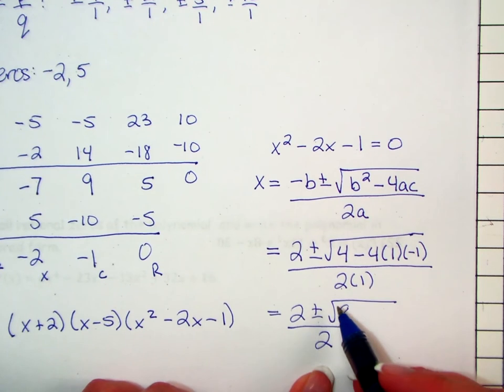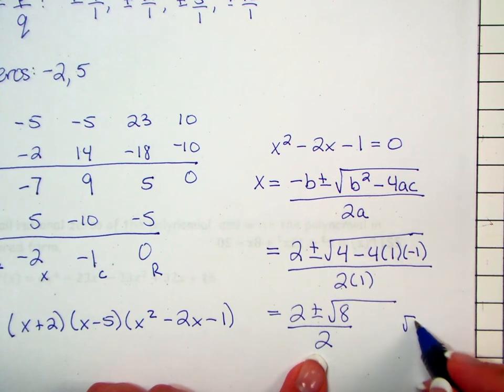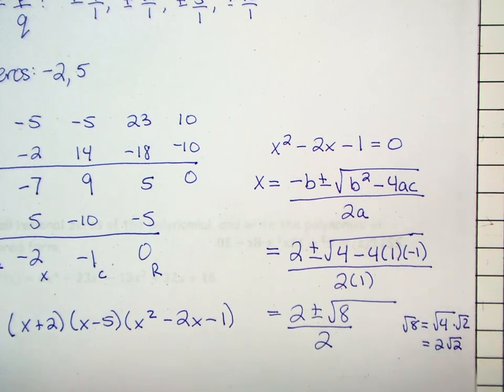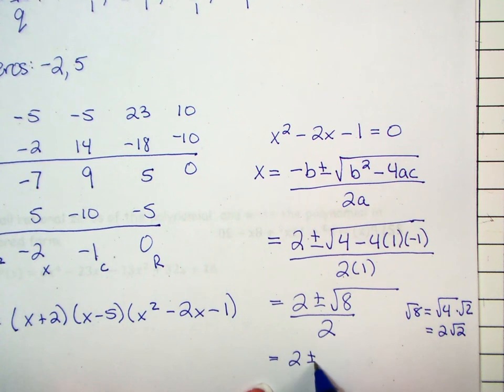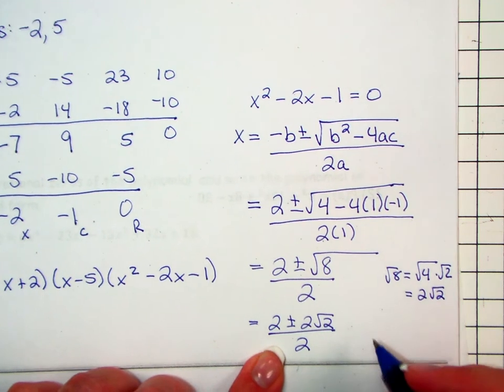Okay, now be careful. We need to simplify this before we start canceling. Okay, so the square root of 8 is the square root of 4 times the square root of 2, right? And the square root of 4 is 2, so I get 2 rad 2. So I'm going to get 2 plus or minus 2 rad 2 over 2. That's a lot of 2's, right? But it's the 2's on the outside that cancel. And both of these terms need to cancel by 2, right?